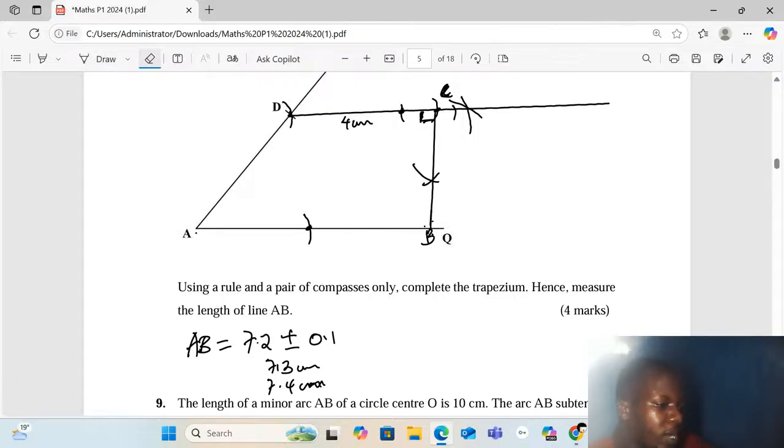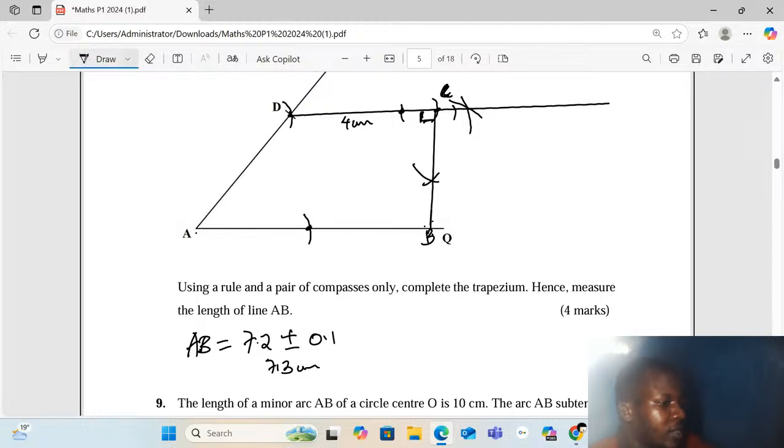It's 7.1 centimeters. So 7.1, 7.2, or 7.3 centimeters are all correct answers. That is the simplest of it.